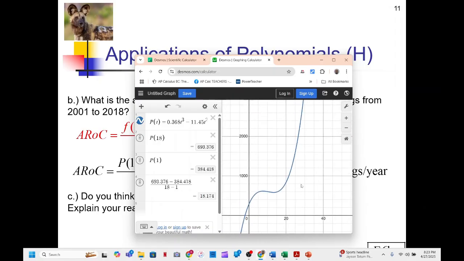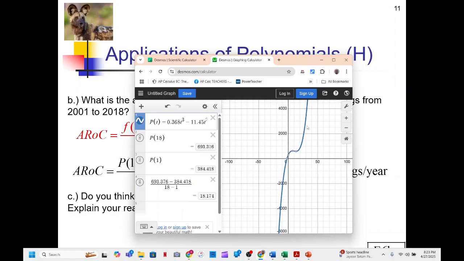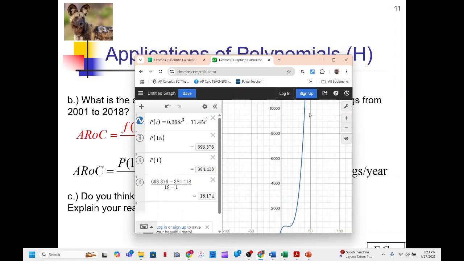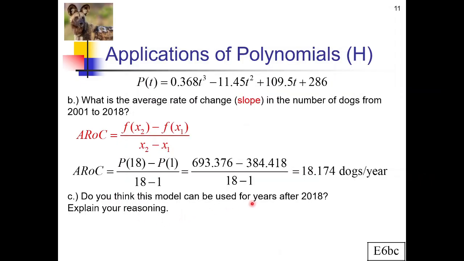So if we keep going, we're getting some pretty crazy values, right? Like in 2030 there's 3,000, and I mean if we go even further, now in 2040 there's almost 10,000 of these things. So this isn't very realistic as a model for going too far after 2018.